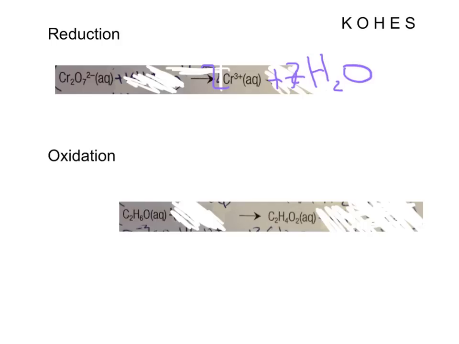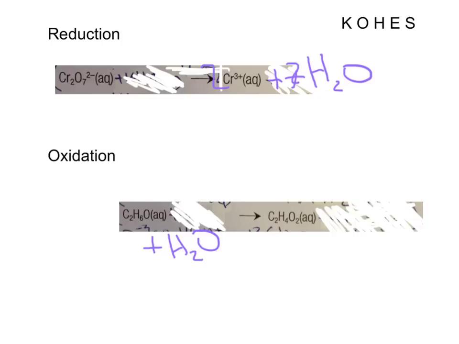Over on the oxidation reaction, on the reactant side, we have 1 atom of oxygen, and we have 2 atoms of oxygen on the product side, so we're going to have to add 1 atom of oxygen to the reactant side, which means adding 1 water molecule. Okay, hope that looks good.